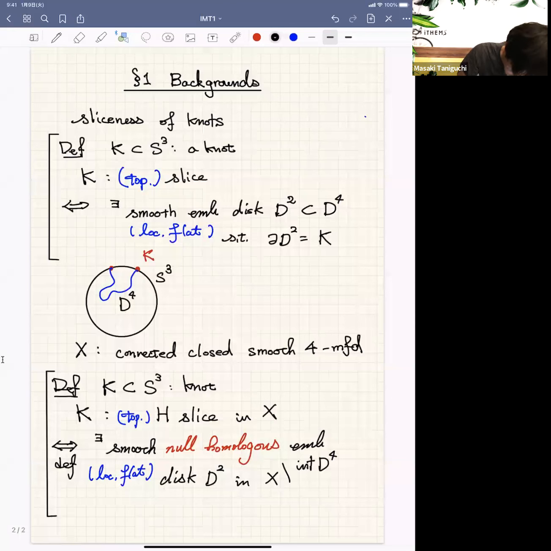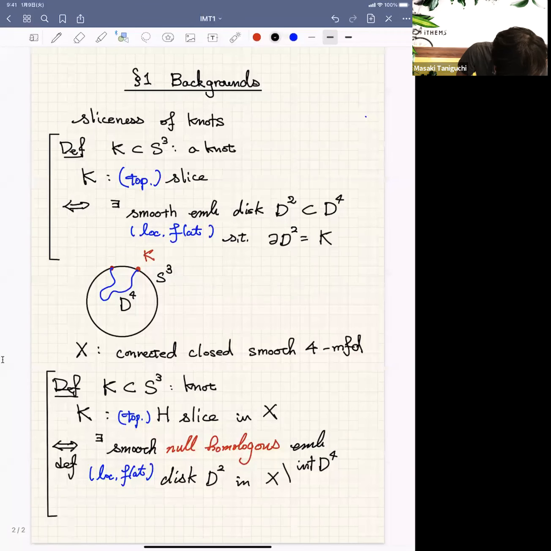Sorry, I should say the boundary of D2 is equal to K. So this is the definition of H-slice. Our main result gives a new obstruction to H-sliceness in a certain class of four-manifolds.